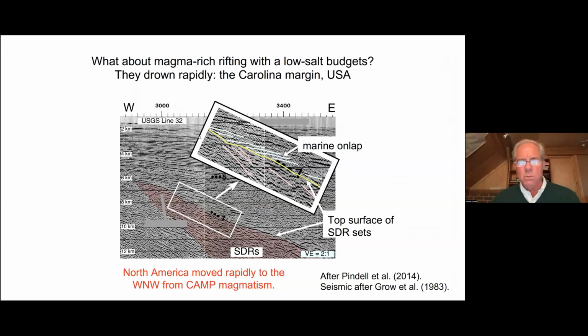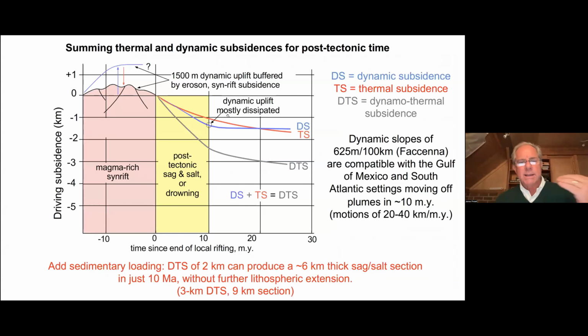We get rapid rotation of SDR sets, as you can see here, and an angular onset of the subsequent marine section. That means that this rotation basinward has to happen really, really fast because it's hardly recorded by sedimentation at all.